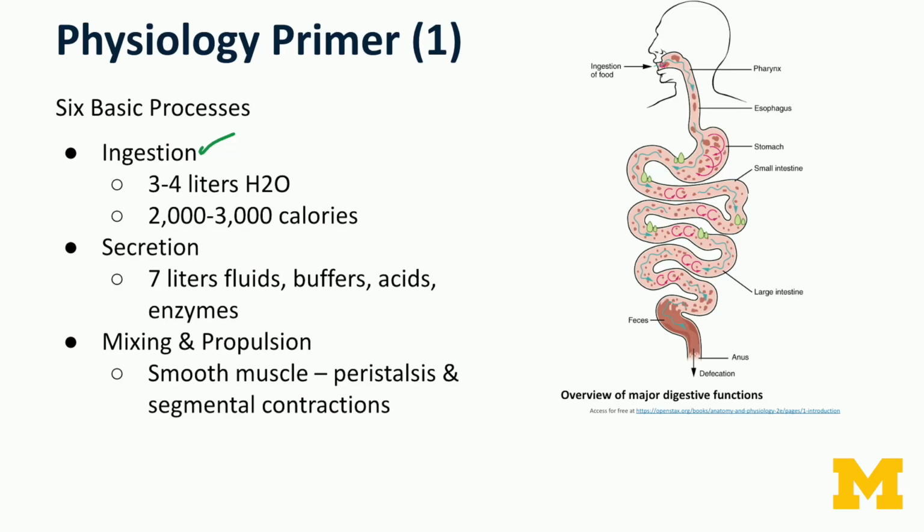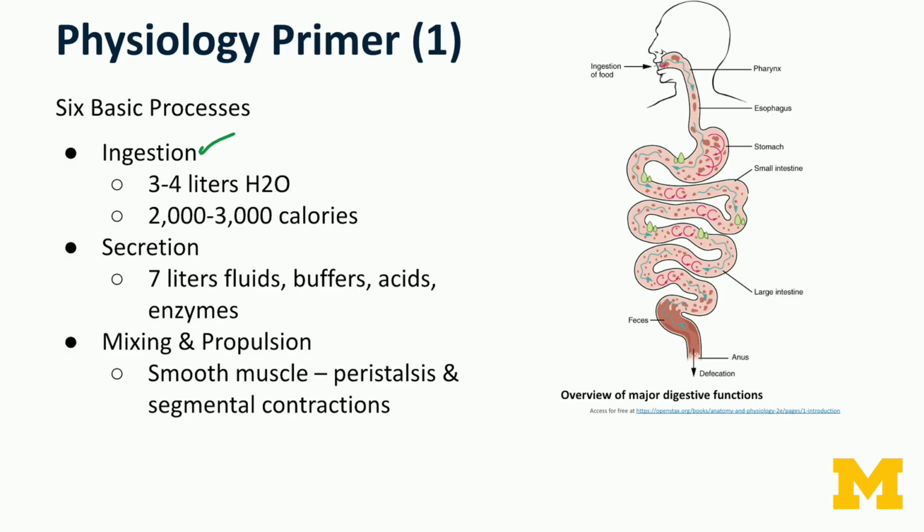Next, secretion. So the average individual is going to secrete about 7 liters worth of various fluids, acids, bases, buffers, digestive enzymes into the lumen of the GI tract to mix with all of the foodstuffs and what those foodstuffs become, so that we can break down those materials in a subsequent process.